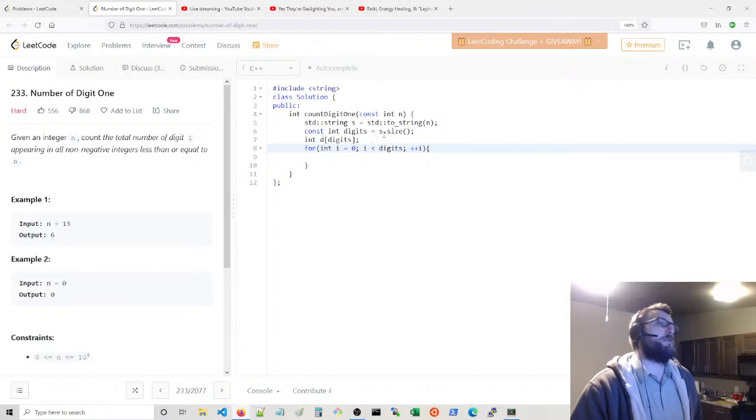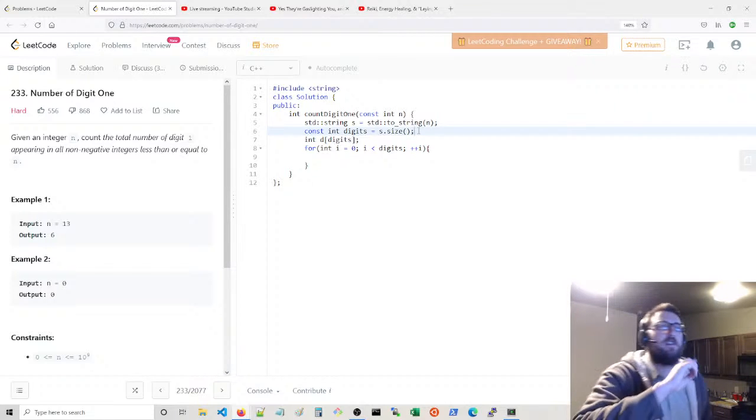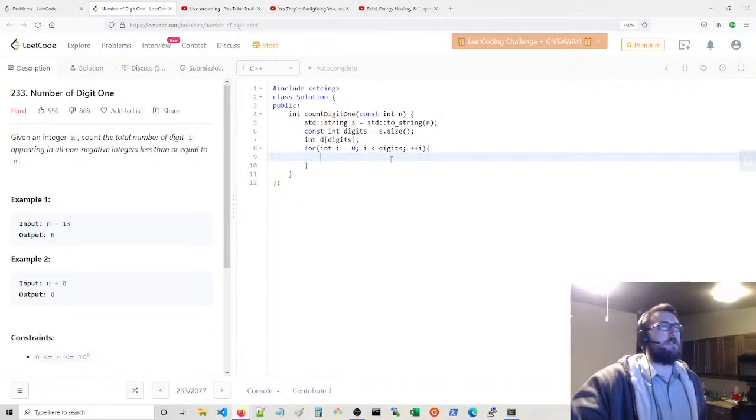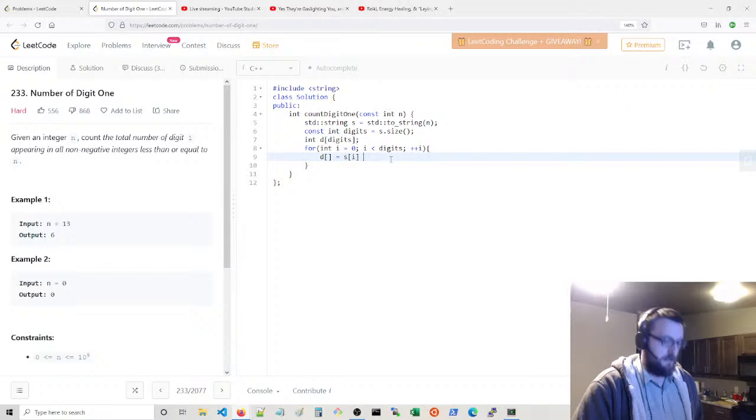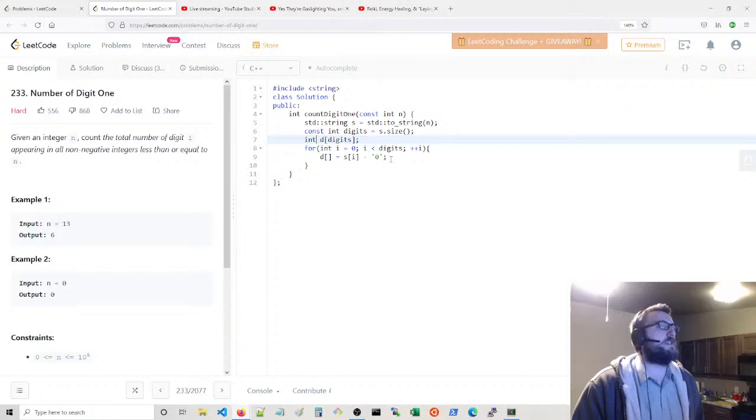We said we want to go from the back, right? What's interesting is that the most significant digit is on the left, and that's actually going to go on the right side. So d of i is equal to s of i minus '0' as the value. This doesn't need to be an int, it really could be just 2 bytes, but int is fine.